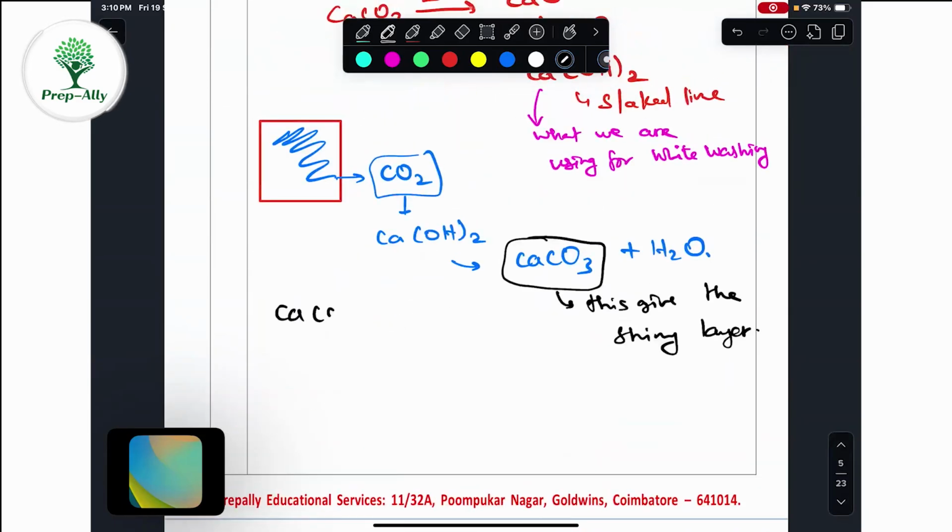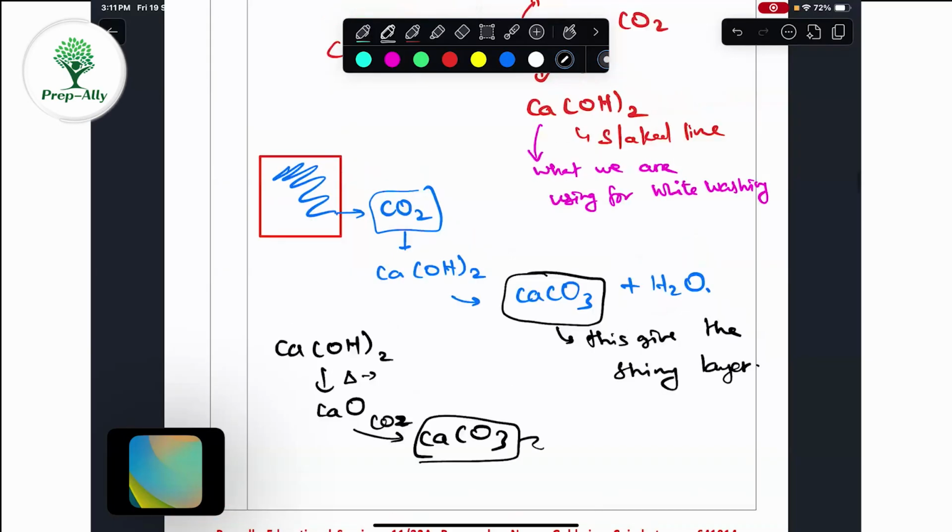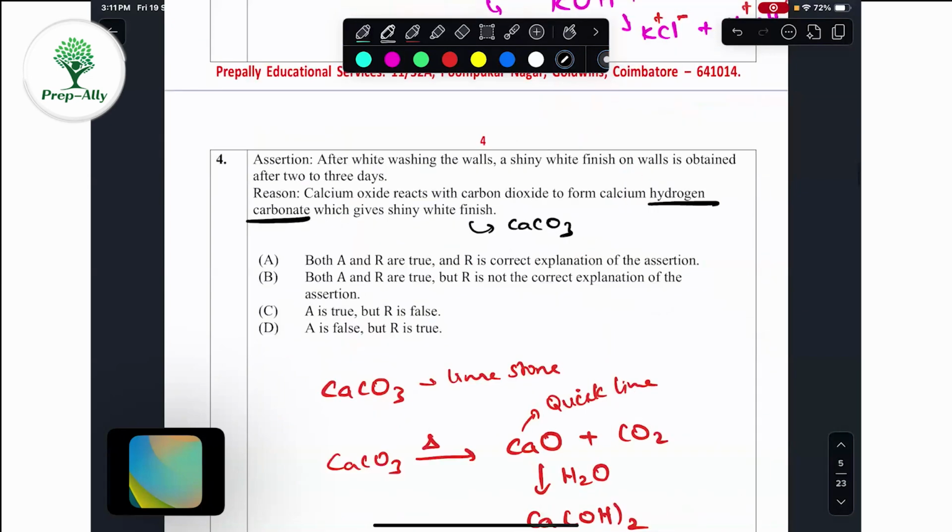Sometimes what will happen, this water gets evaporated faster so that it will again convert into CaO, and then CO2 will react with CaO and form CaCO3 again. So the answer is going to be, assertion is true, but R is going to be false.